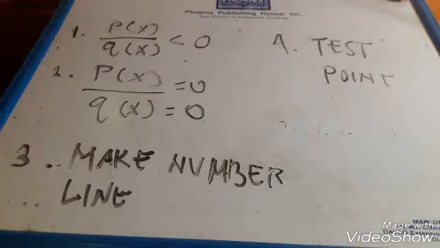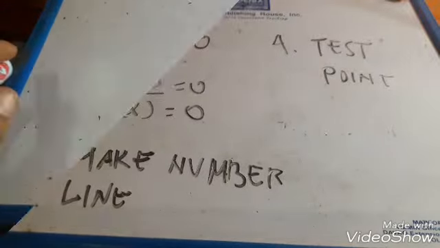Third, use the meaningful numbers to separate the number line into intervals. And the last step is to test whether the meaningful numbers make the inequality true or false. If true, then they are part of the solution. If false, they are not part of the solution.